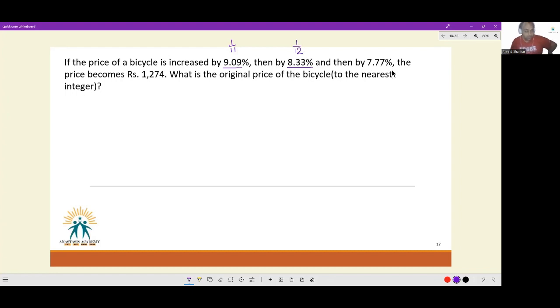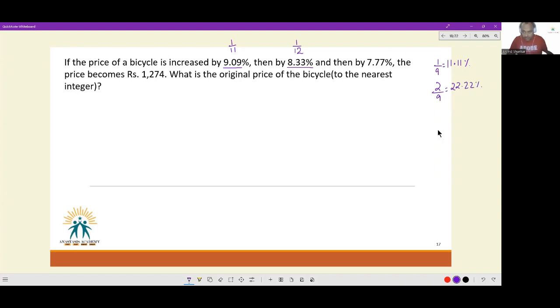Now 7.77% is not immediately visible, but you can see, we know 1 by 9 is equal to 11.11%, and 2 by 9 is 22.22%.